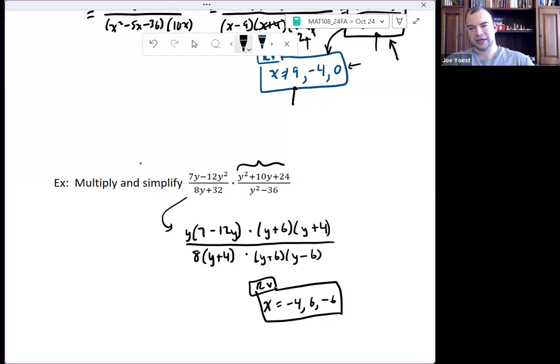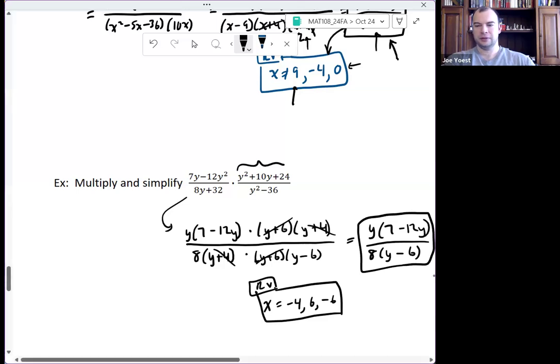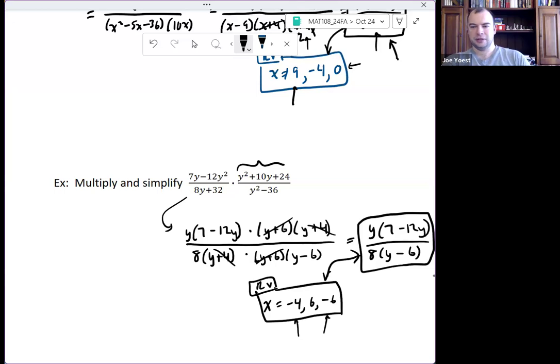And I can now divide out common factors. The y plus 6's divide out. These y plus 4's divide out. And I have y times 7 minus 12y over 8 times y minus 6. And again, this simplified form, along with, very importantly, the restricted values, we lost the implication of, I wrote x here, that should be y.